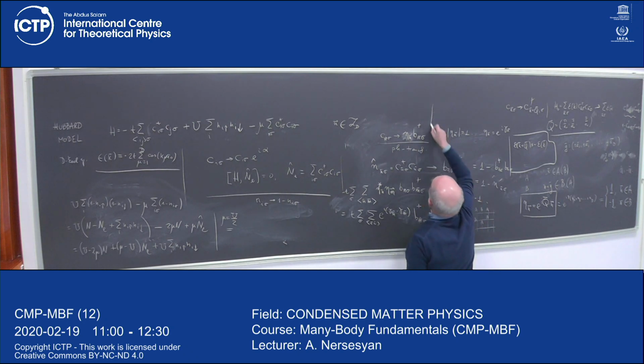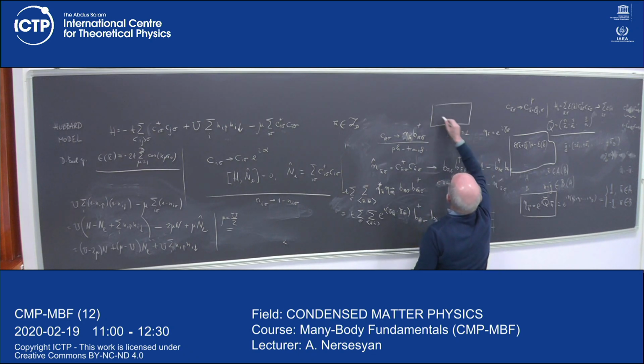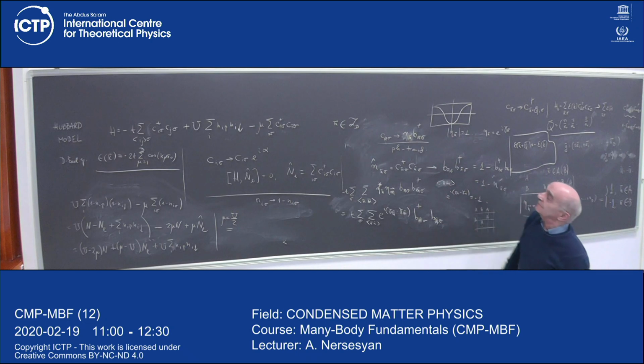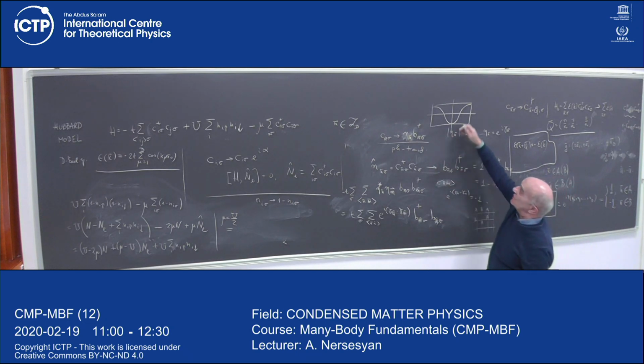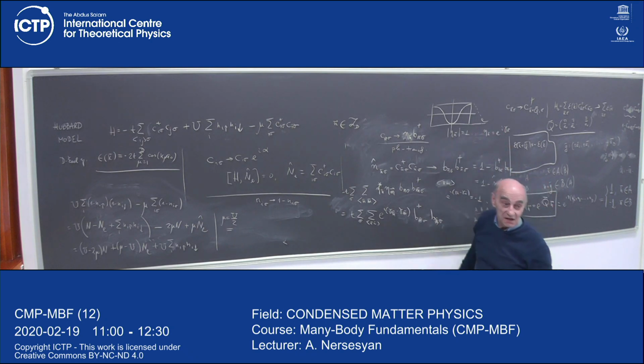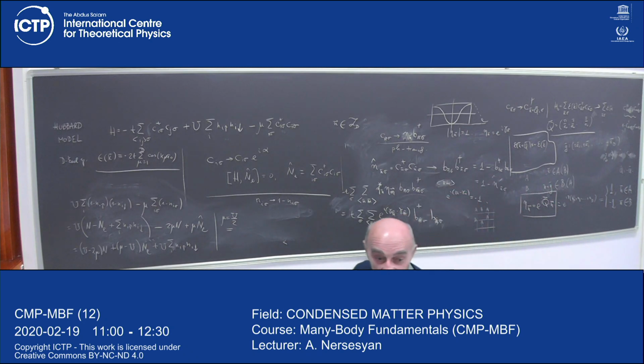We have a cosine band, supposing in one dimension. It's the case we have studied so carefully. This is a particle part and this is a hole part. I can overturn it. By the way, it overturns automatically if I continue, if I take into account the periodicity of the spectrum and make a shift in momentum space by 1/2 of the Brillouin zone.